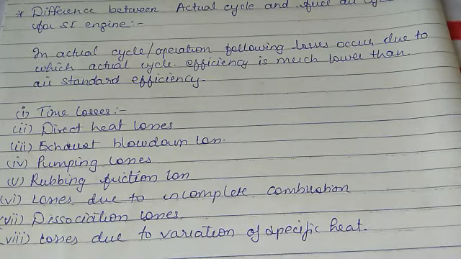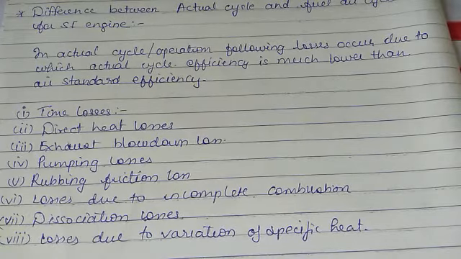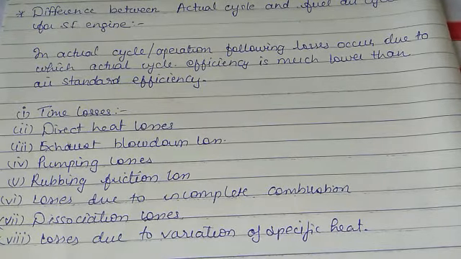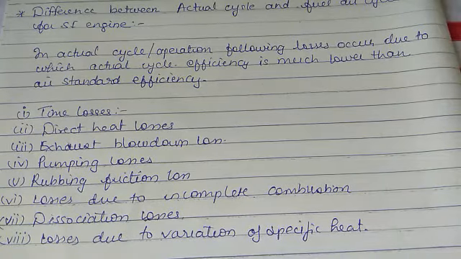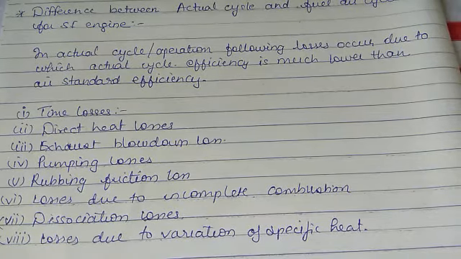Direct heat loss is another factor affecting the actual cycle efficiency. Compression and expansion processes in the air standard cycle are assumed to be adiabatic, but in an actual engine this condition is never attained.